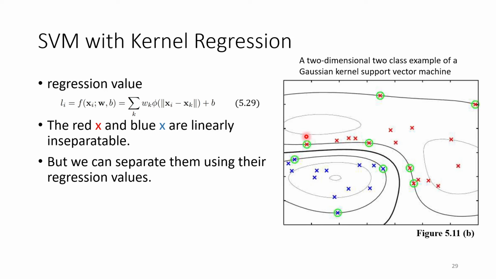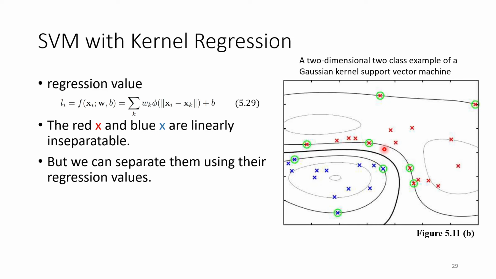However, if we use the kernel regression function to interpolate those input data, this is the contour of the kernel regression functions, and we apply the kernel regression function to the support vector machine. Amazing, they become separable. It means we project those input data to another space, and we separate them in that space.